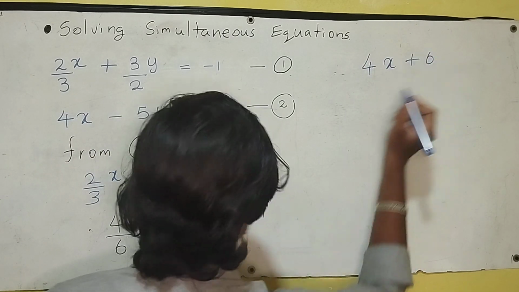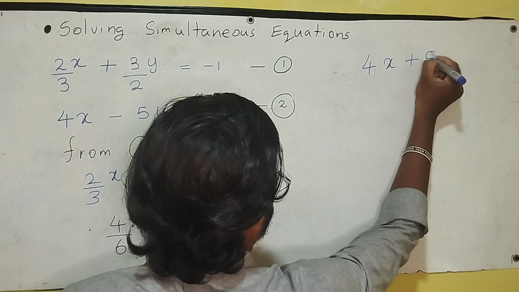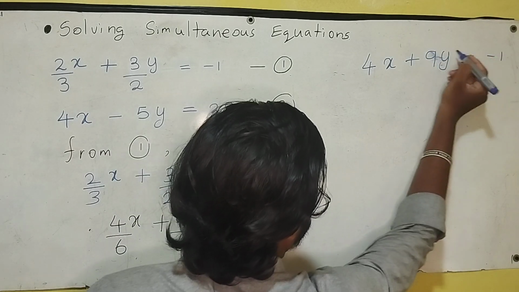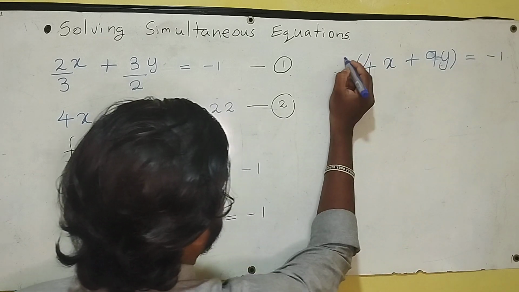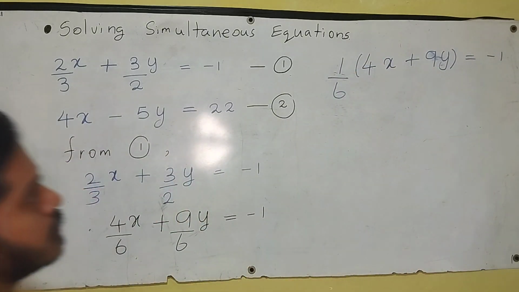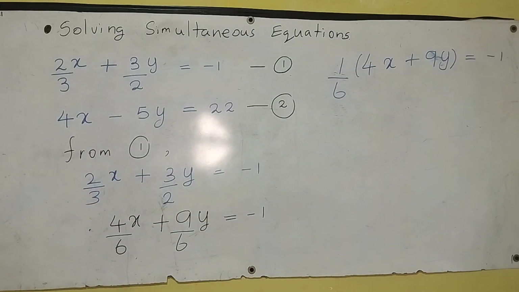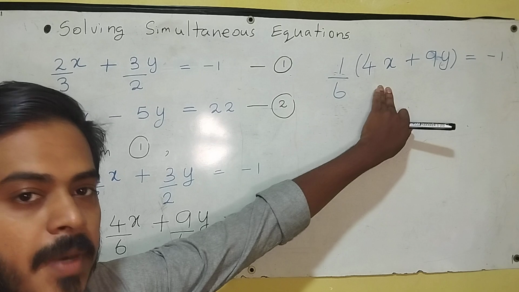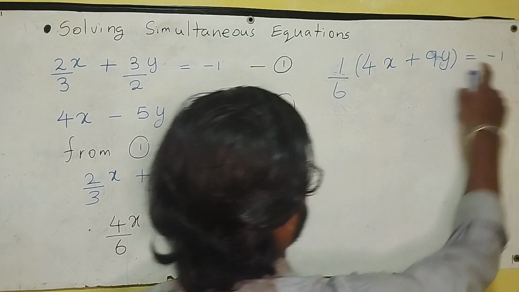We can write it down like this: 4x plus 9y equal to minus 1, in brackets, over 6. Have you understood? The common denominator, I wrote using brackets.